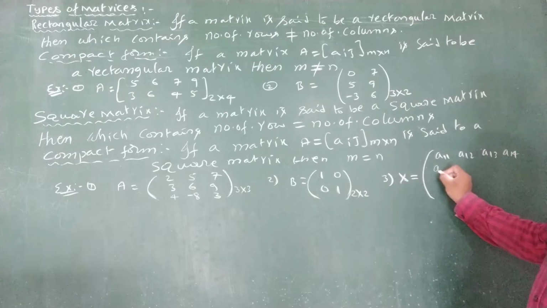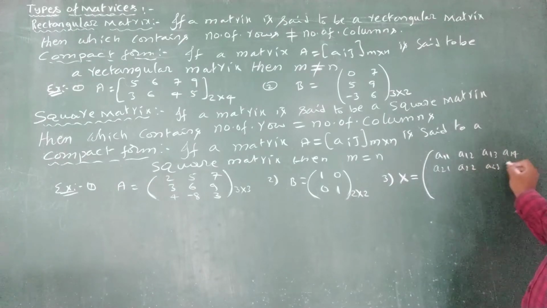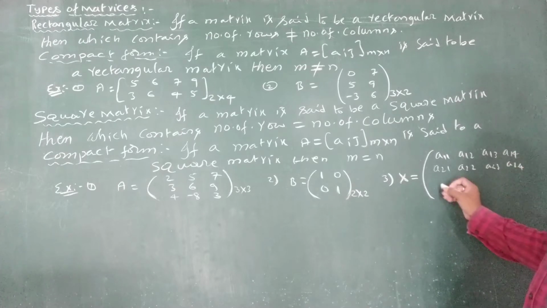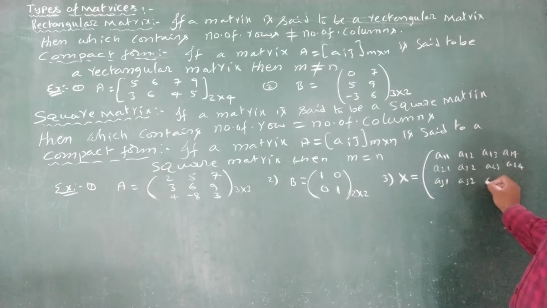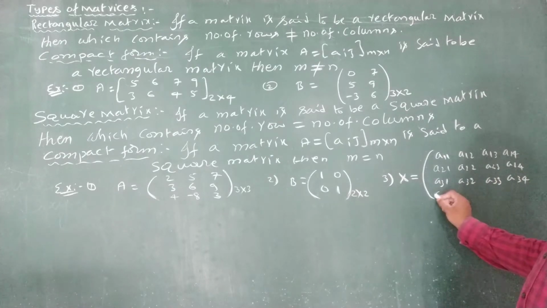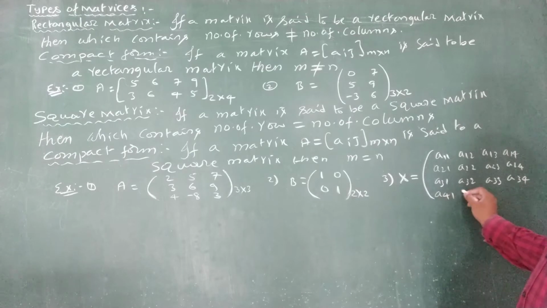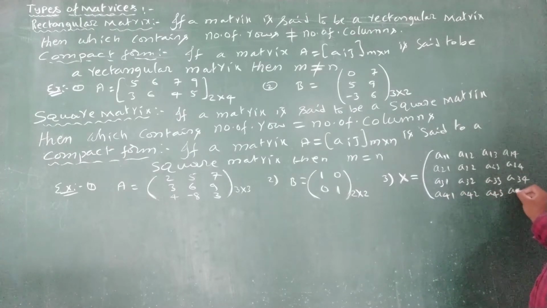Here it is A21, A22, A23, A24. Here it is A31, A32, A33, A34. Here it is A41, A42, A43, A44.